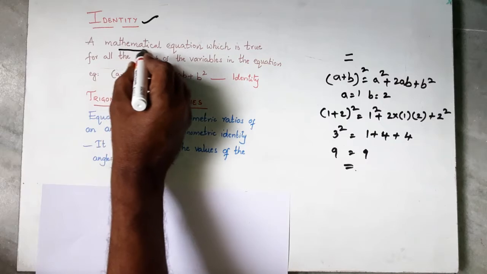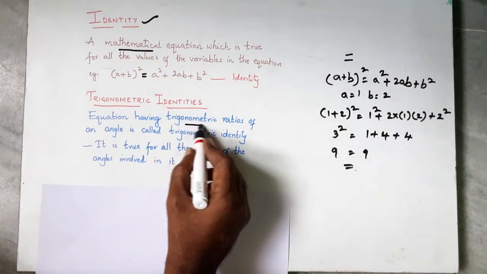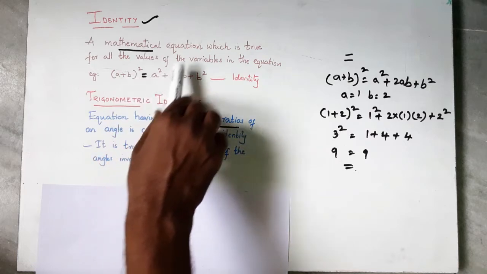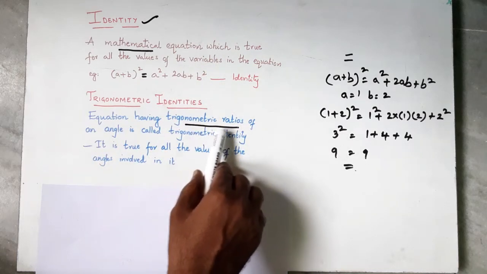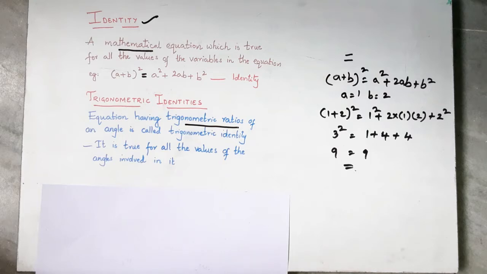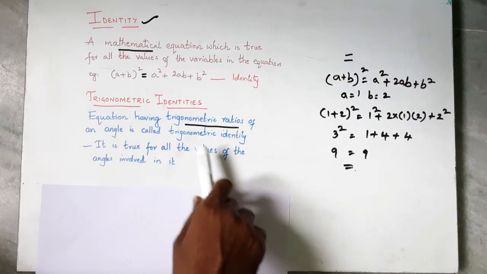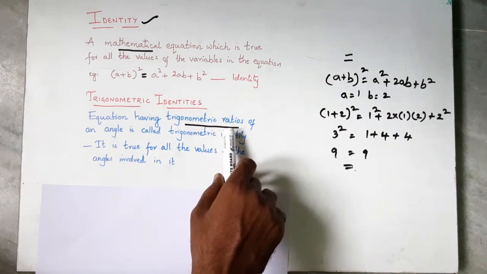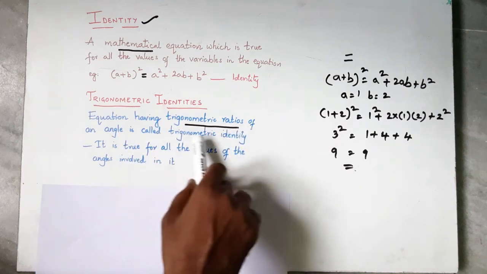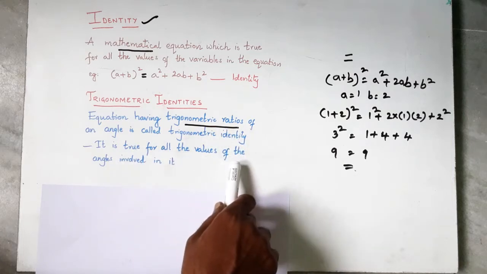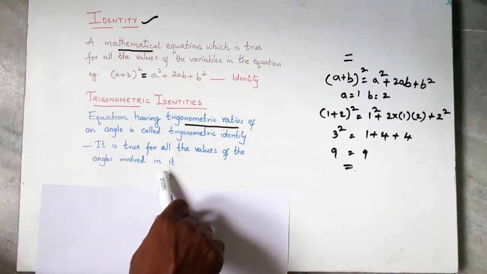There we are using a plus b as a mathematical equation. For trigonometric ratios, you have to use sine, cos, tan, cosec, sec and cot. If you use those trigonometric ratios of an angle, it is called a trigonometric identity. It is true for all the values of the angles involved in it.